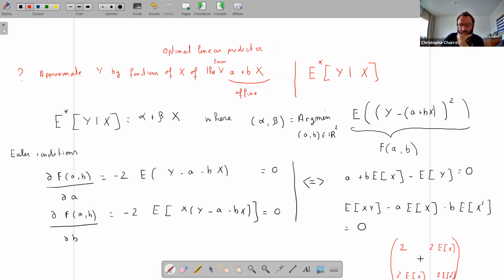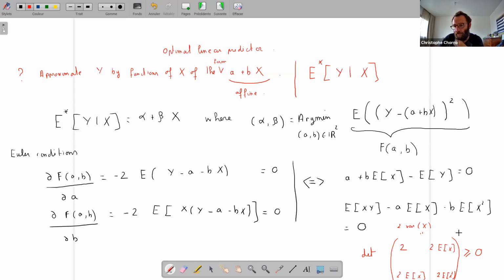And so what can I deduce here? I can deduce that this matrix, if I compute its determinant, I obtain that the determinant is something that is positive because it is equal to 2 times the variance of x.